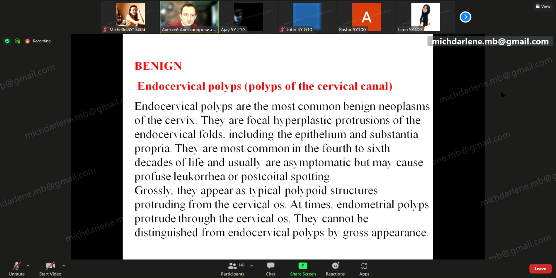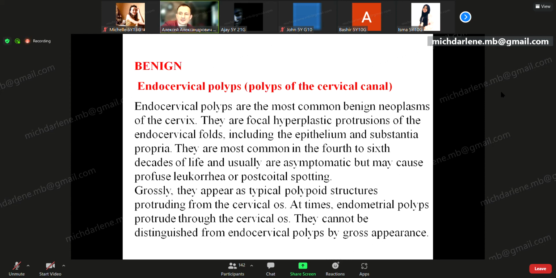What else can be? Could be endocervical polyps. Now, we are talking about the condition with the hyperproliferative production of the cells inside the cervical canal. Humanity has the possibility to get polyps everywhere.